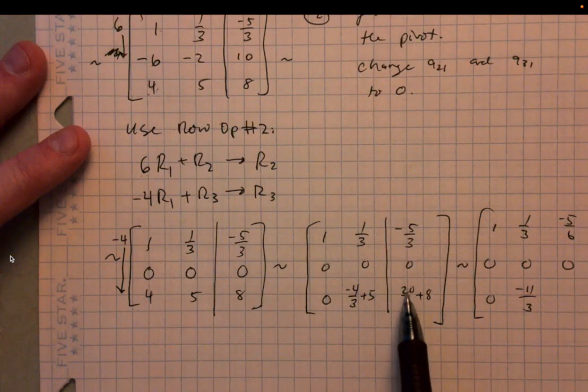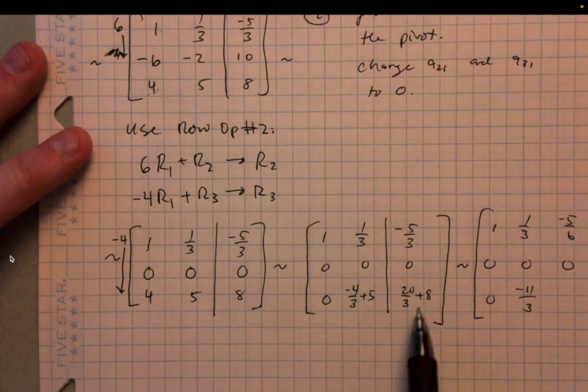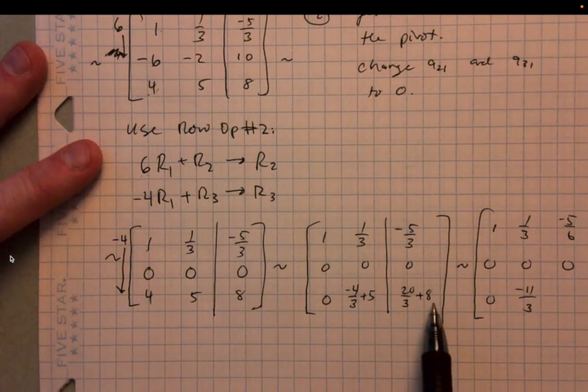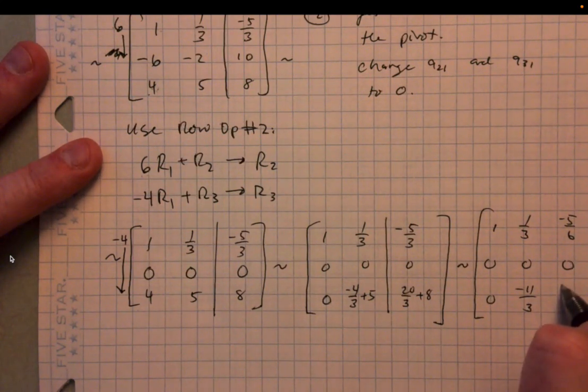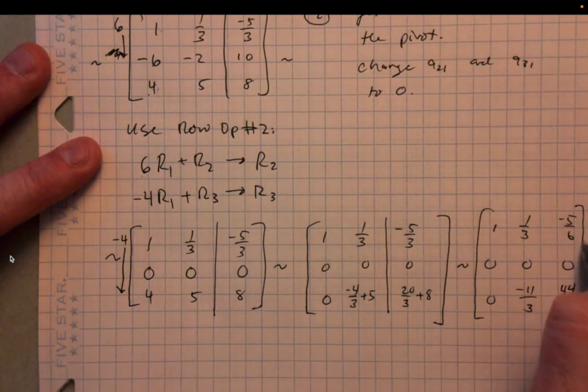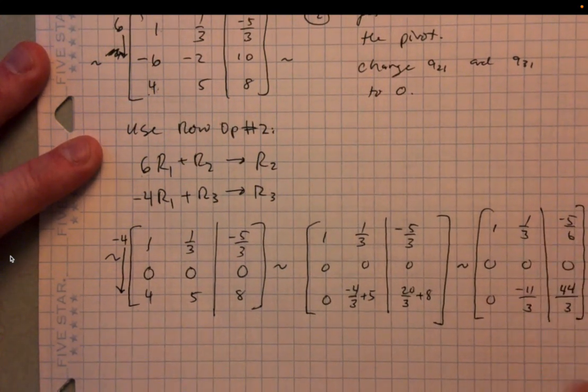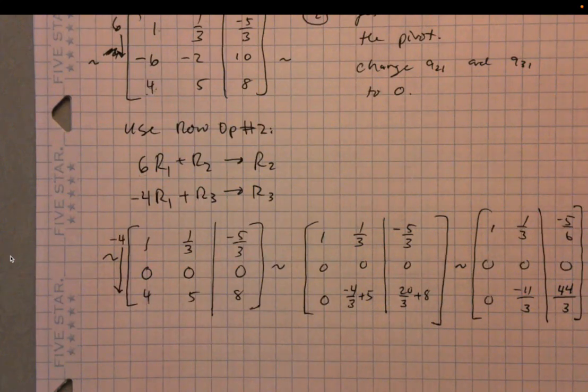Then 20 over 3 plus 8, that's like 20 plus 24 over 3, so that gets me 44 over 3. You can't do those in your head. Maybe you can, just be careful. A lot of times people make mistakes with this because they try to add too quickly.